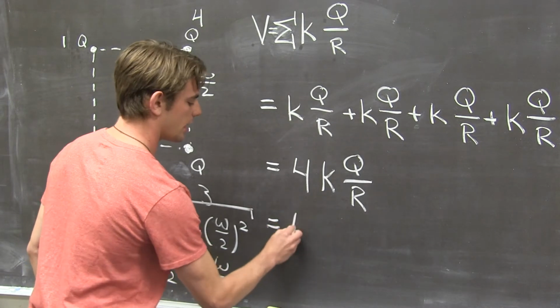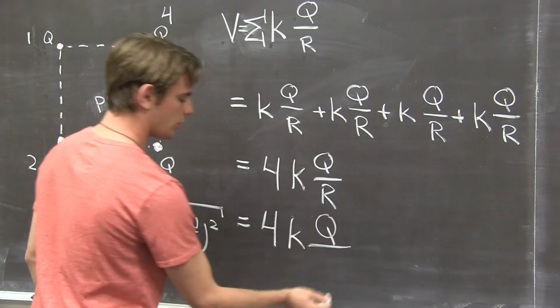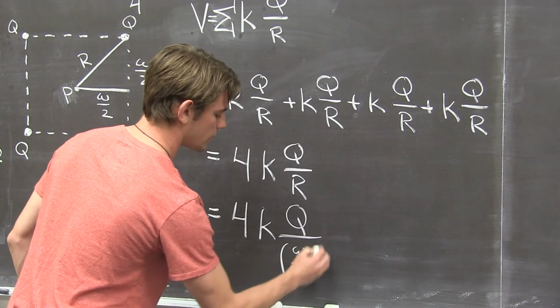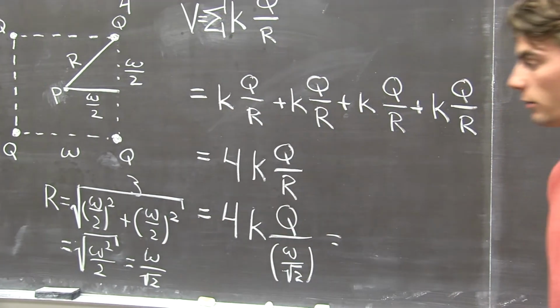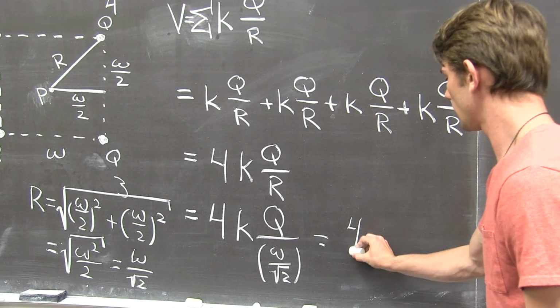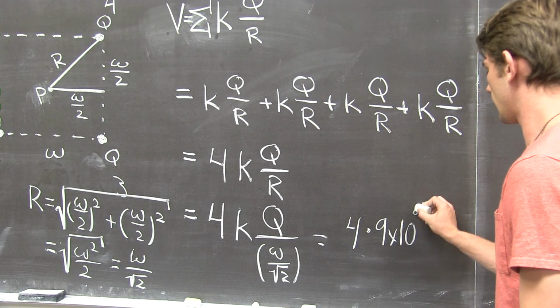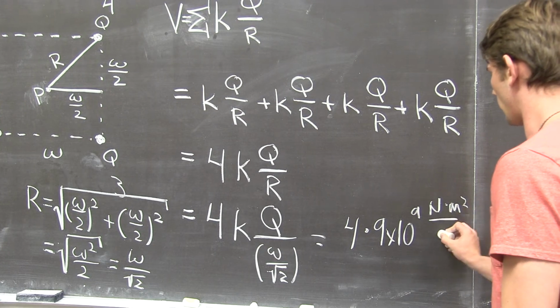So now we have a functioning R value we can put into here. So we'll see we have 4 KQ over, and again R is W over the square root of 2. Now, plugging in what we know K to be is 9 times 10 to the 9 newtons times meters squared per coulomb squared.